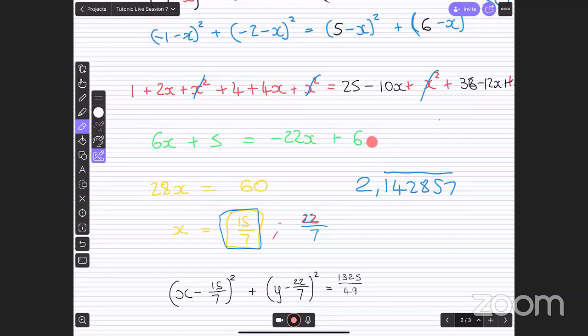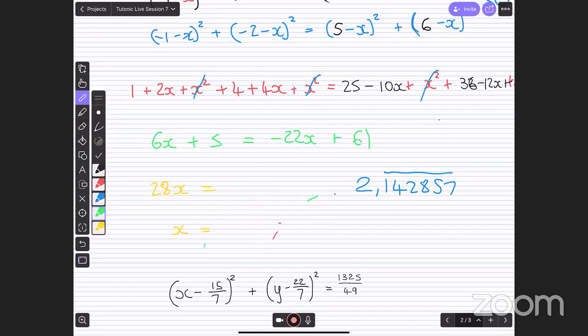Okay, there we go. And then 28x equals 56. And then what does that mean for x? x is equal to 2. Right. There's a nice answer.